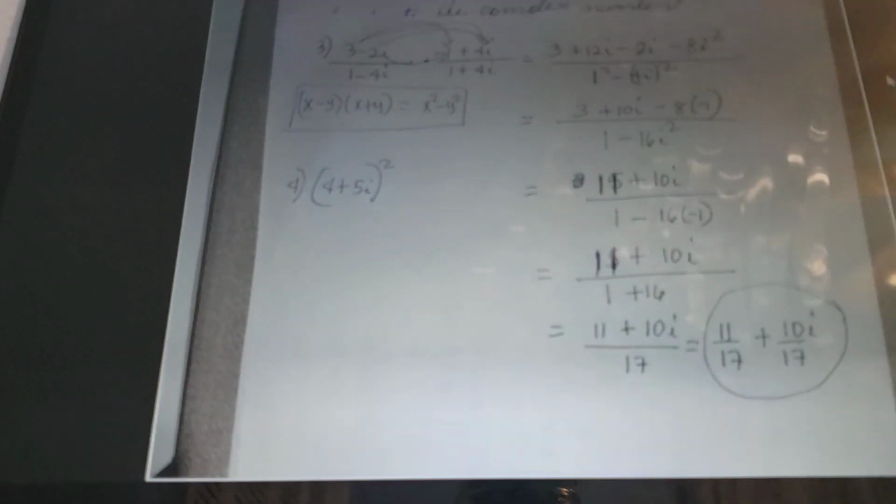Try to solve number 4, class. What do you mean by 4 plus 5i quantity squared? What is the meaning of that?